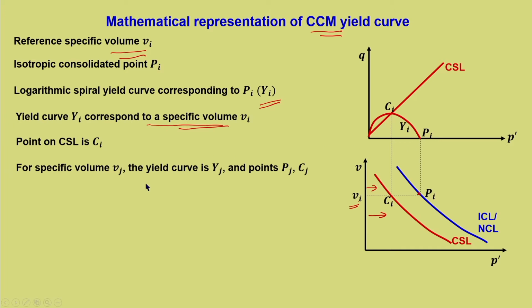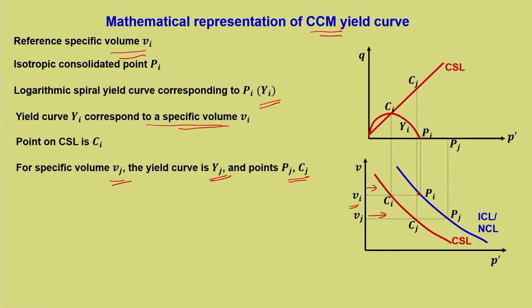Let us consider another specific volume Vj, which is less than Vi. So, this is Vj. Now, the yield curve corresponding to this will be Yj, and the points will be Pj and Cj. So, this is Pj, that is taken to the Q P dash plot, and this is Cj.